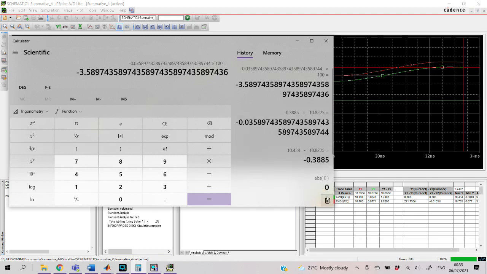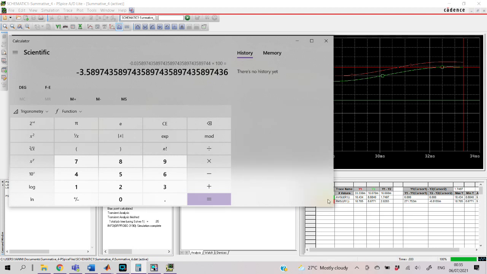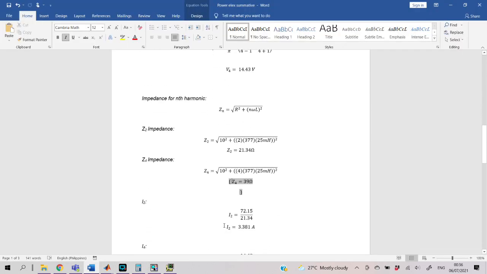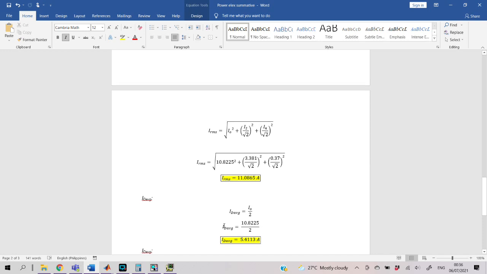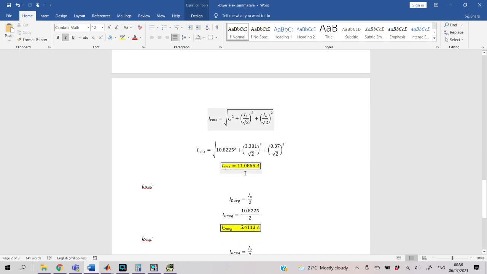Let's try to compute the percent difference for the RMS. On our computed version, it is around 11.0865.